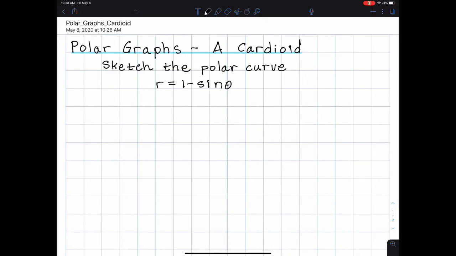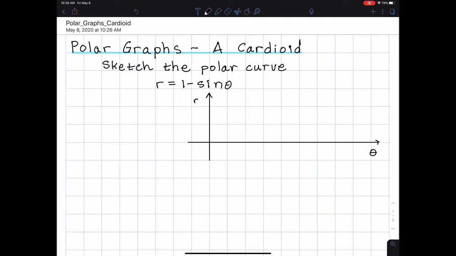The approach I'm going to take, which we can decide whether we want to continue with or keep doing, is I am going to sketch r equals 1 minus sine theta on the theta-r plane. And some people don't really care for this. I think it's a good way to do it.